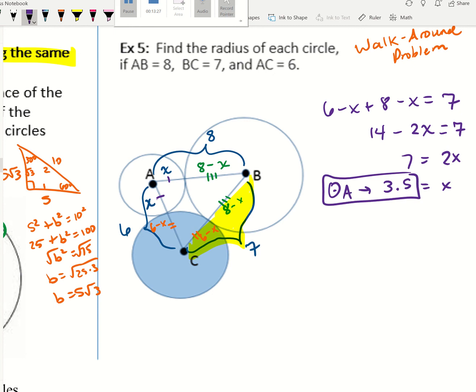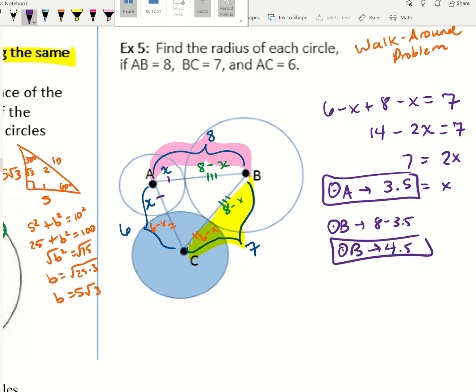If I then know that, I can find the radius of circle B because circle A and circle B have to add up. Their two radii add up to 8 according to the length of AB. So I could say that circle B could be found by doing 8 minus the 3.5. So the radius of circle B is 4.5.